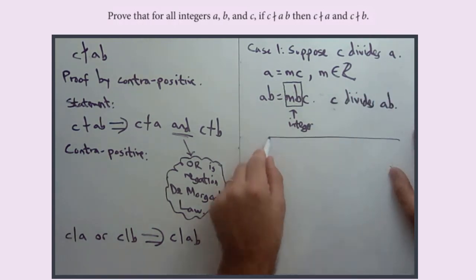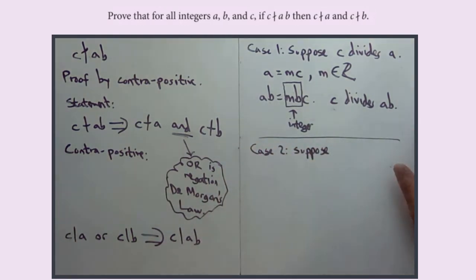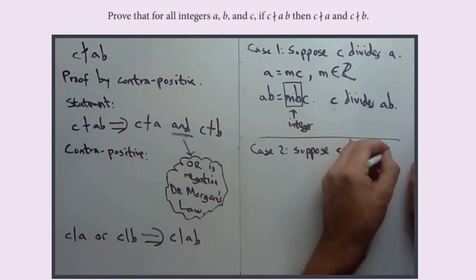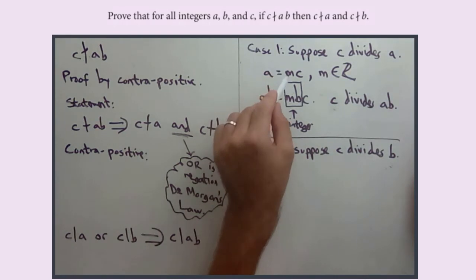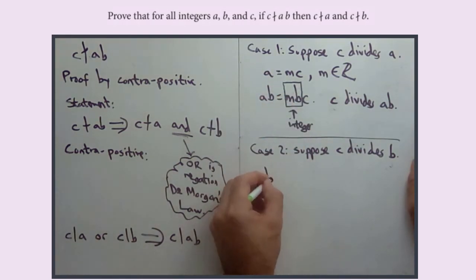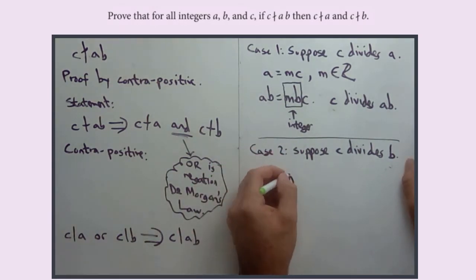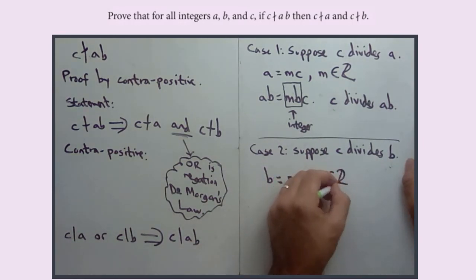If we do the same for case 2, we're going to suppose that C divides B. So that means that B equals something times C. B equals some integer, which we've used M, so we'll use N. B equals N times C, where N must be some integer.